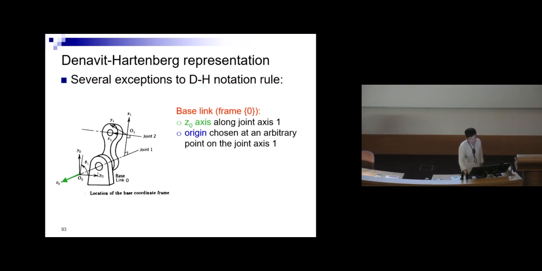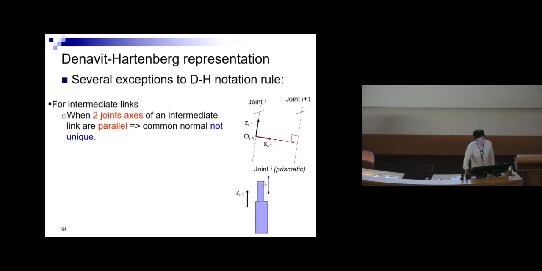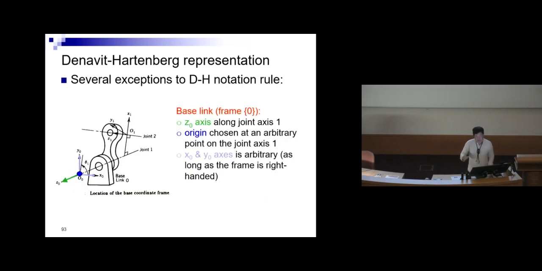It's in every joint, so it's very helpful. The origin will be chosen at an arbitrary point on the joint axis, and then the x_0 and y_0 axes will also be arbitrary. But you have to make sure that you follow the right-hand coordinate frame. In all cases, you have to try to make sure that you have the simplest form of representation of the manipulator.